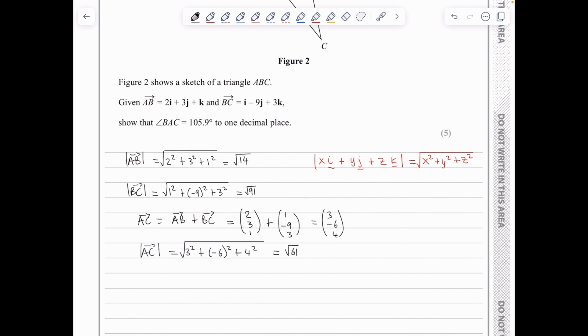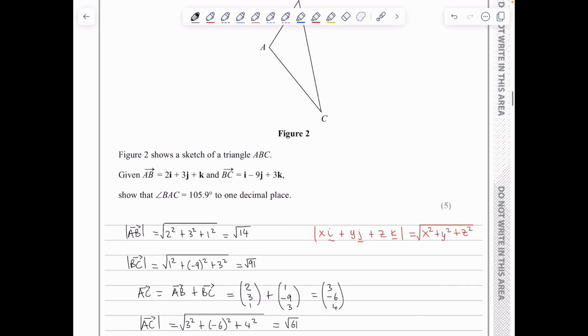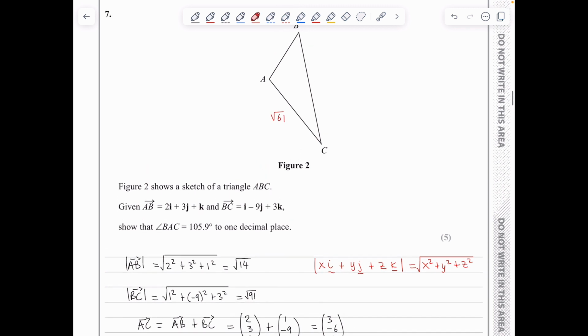So if I go back to my triangle, AC is root 61. We've got BC to be root 91 and AB to be root 14. We are trying to find the angle BAC, which is the angle here. So I can use the cosine rule because I've got the lengths of the three sides.